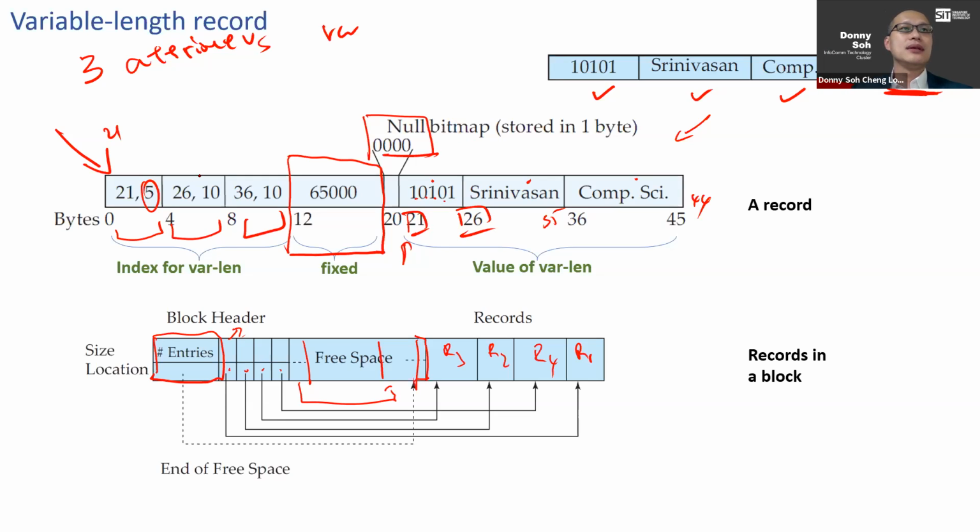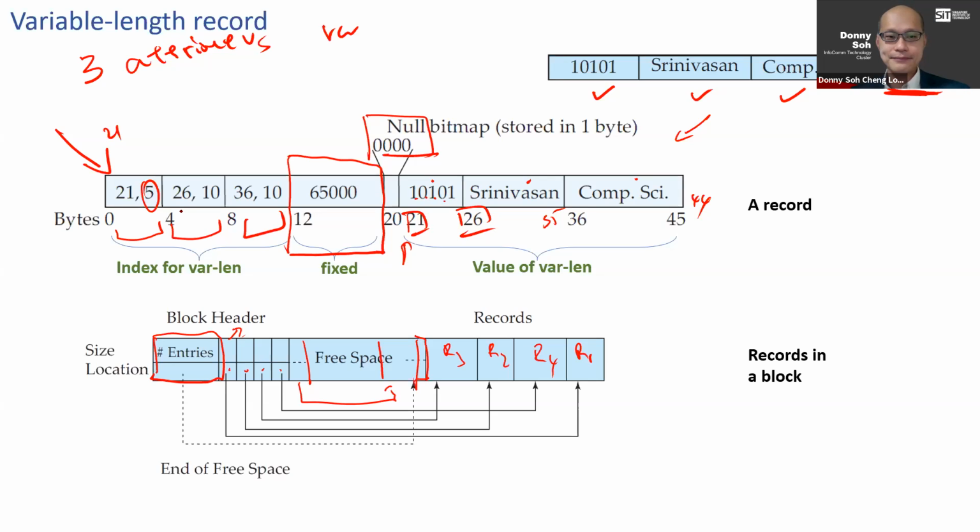My second starts from 26 and goes for 10 bytes. So that's why 26 and 10. And my last one starts at 36 and goes on for 10 bytes as well. So this is how a record is being stored in a variable length record setting.